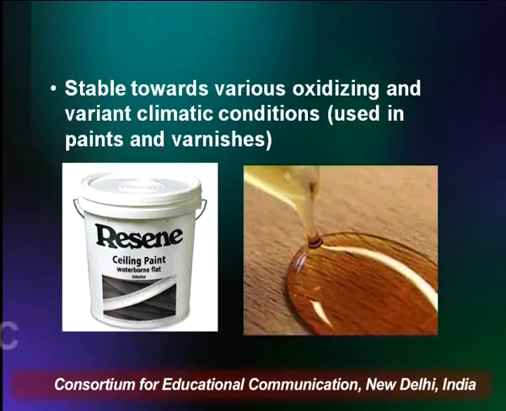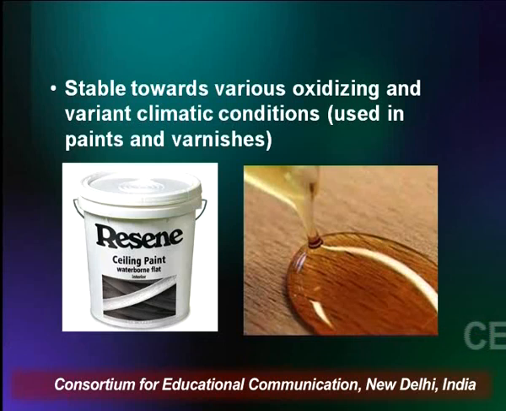Now apart from their inertness towards acid or alkali, these resenes are also stable towards any kind of climatic or weather conditions. They are quite stable towards the oxidation caused by the oxygen present in the air, and also towards the hydrolysis caused by the moisture present in the air or during the rainy season.